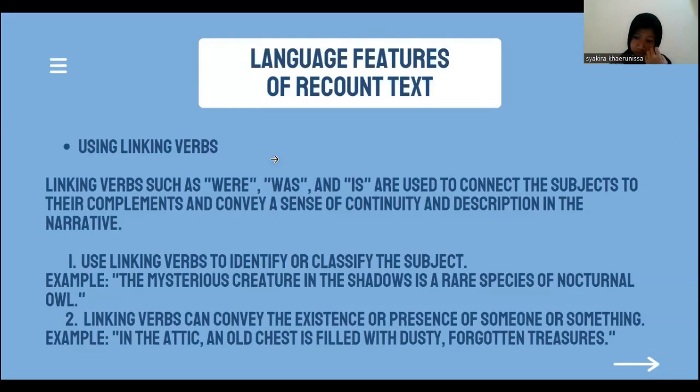For example, the mysterious creature in the shadows is a rare species of nocturnal owl. Next is linking verbs can convey the existence or presence of someone or something. For example, in the attic, an old chest is filled with dusty, forgotten treasures.